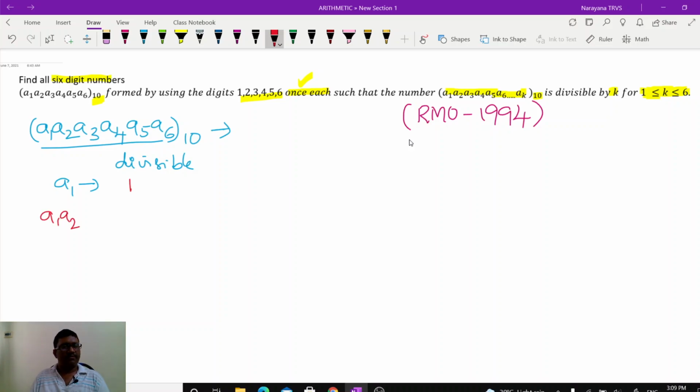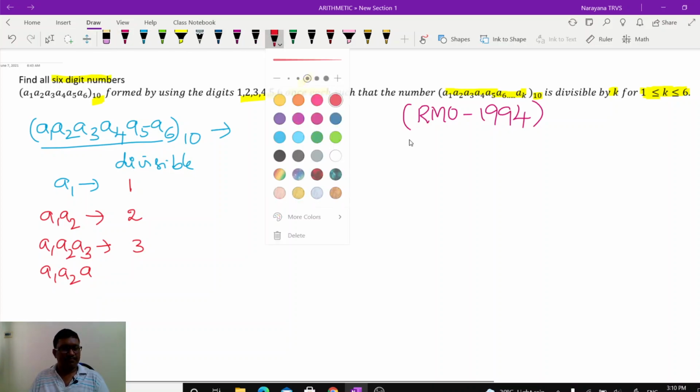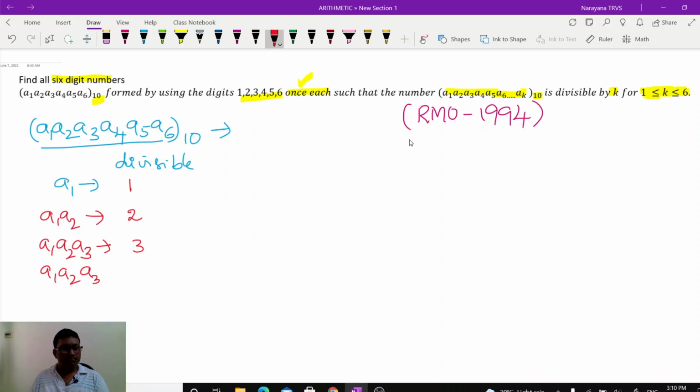Suppose I take A1, A2, it must be divisible by 2. A1, A2, A3 must be divisible by 3. A1, A2, A3, A4 must be divisible by 4, because here we have a 4 digit number.